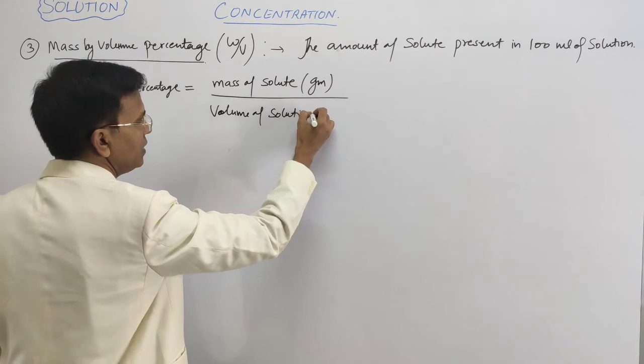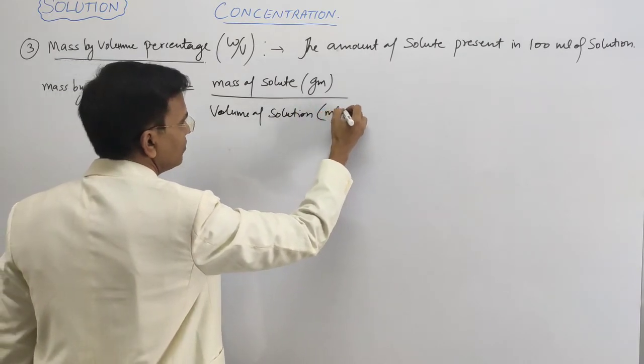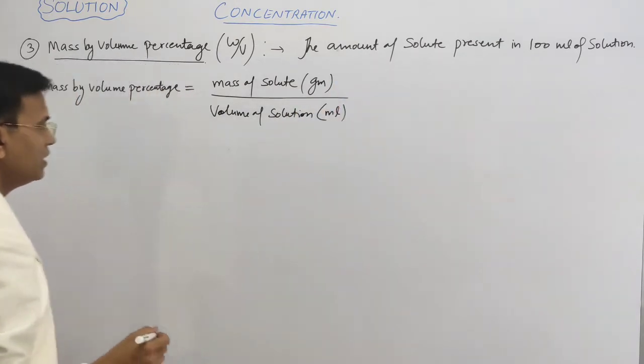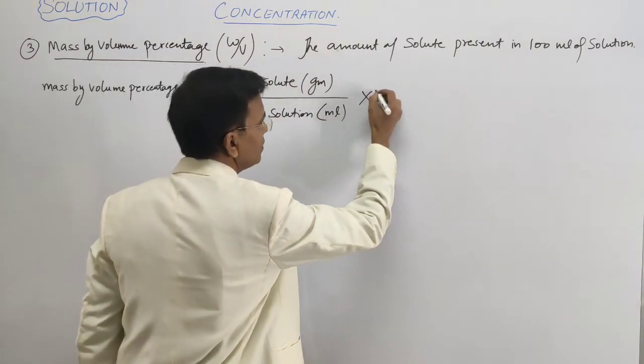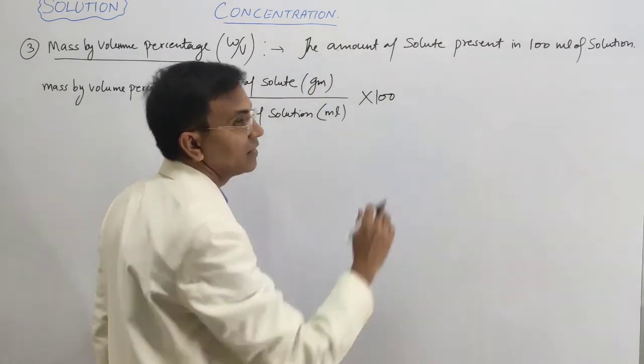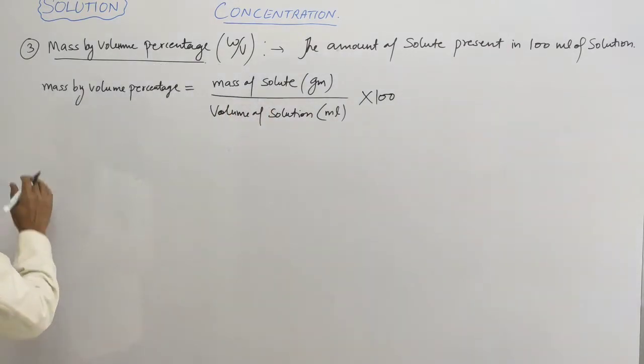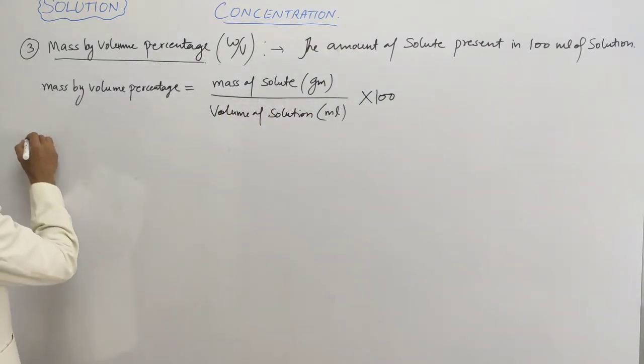The solution will be in ml, because the solute is in gram. Multiply by 100, because it is in 100 ml of solution. So here let us have an example.